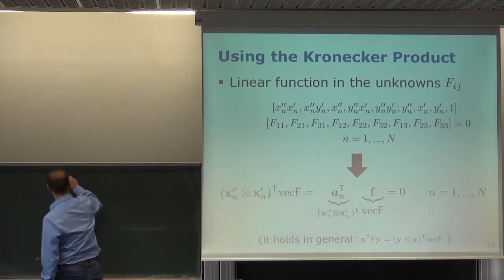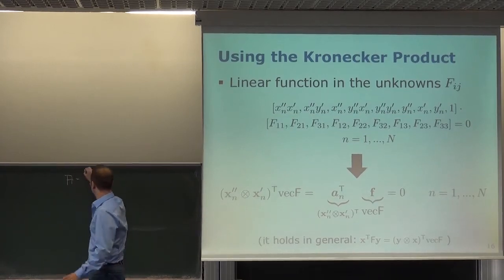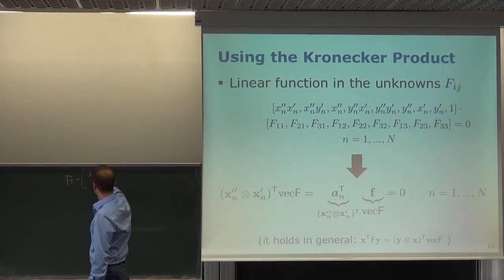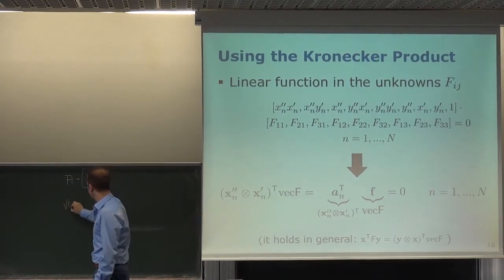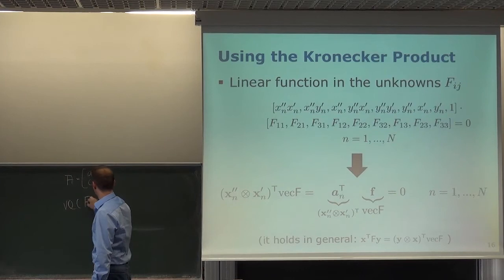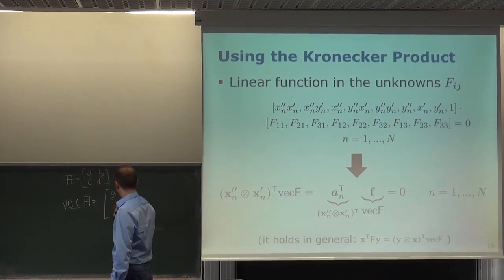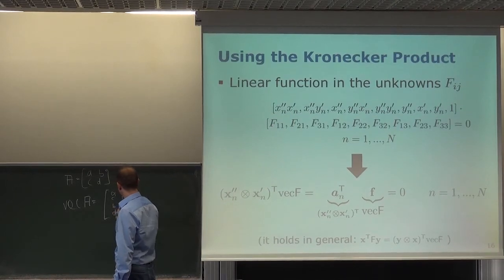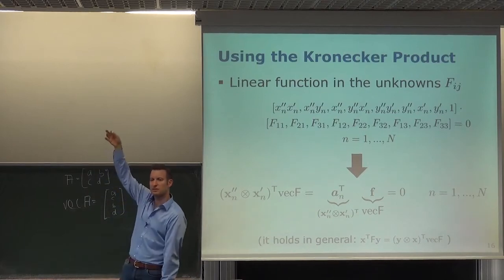So if I have a matrix, let's call it A, and it's a 2 by 2 matrix which has the elements A, B, C, D, then what vec A does is simply turn that into a vector which says A, C, B, D. So it just takes those elements and stacks the columns on top of each other.